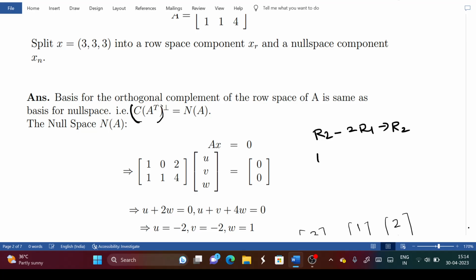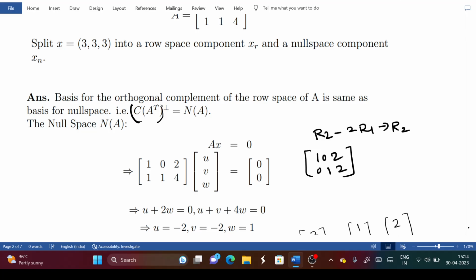That is 1, 0, 2, and this is subtracted, it is 1, it is 2. So the third variable is the free variable. The first variable and second variable have pivots.